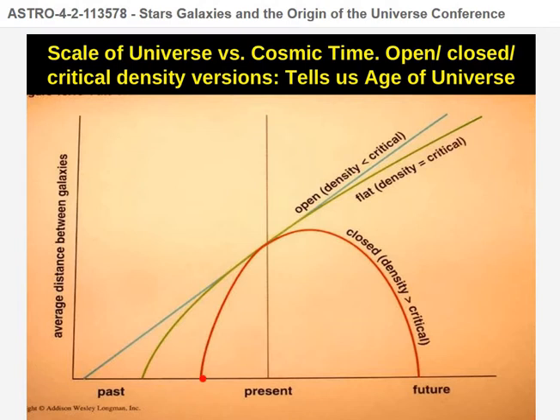So if the universe is very dense, more than the closure density, maybe a lot more than the closure density, then it began actually not that far into the past. The universe would be younger in that case to get to this point. And then look at what happens. It gets to some maximum size and then it collapses again to the big crunch. This is the big crunch.